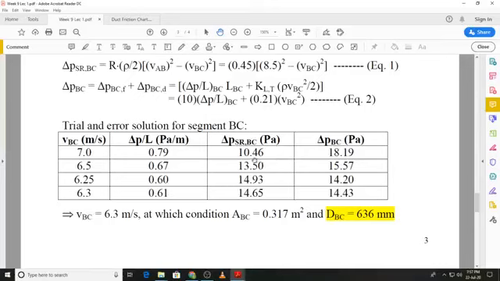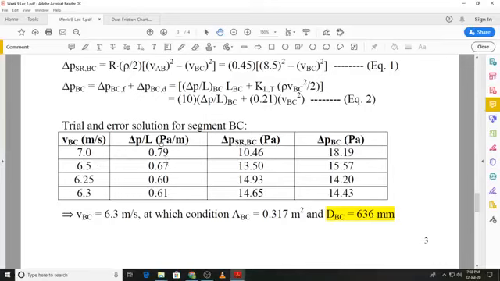So what I want to do is to increase the value of delta P static regain. And if we look at equation 1, if I want to increase the value of delta P, I need to reduce the velocity VBC. So you can see I have the next guess as 6.5 meters per second. Against that, I will find out again.